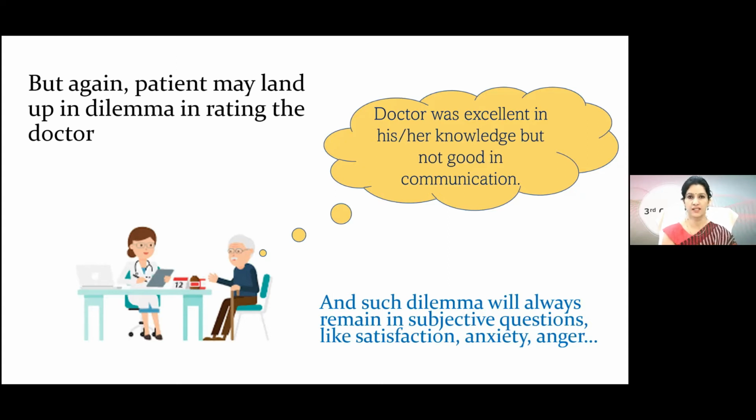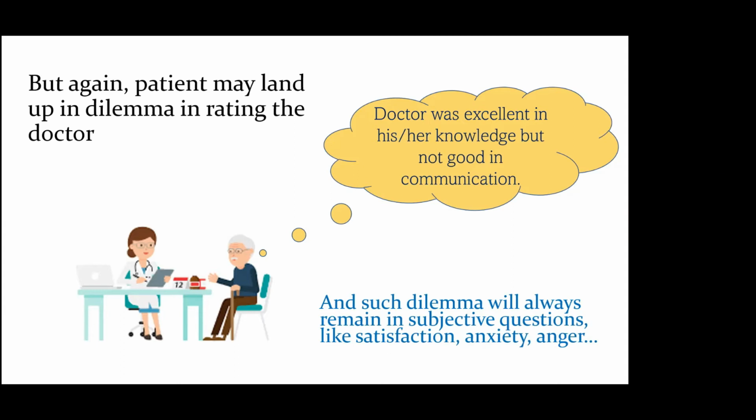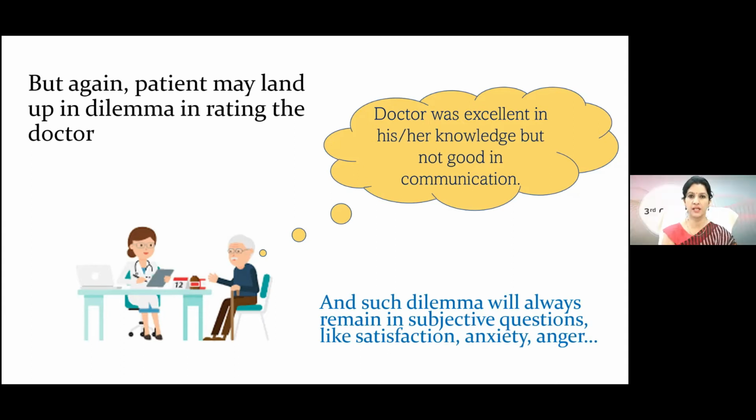So both have advantages and disadvantages. With such subjective or abstract concepts, there will always be a dilemma, a sense of lack of certainty, and you are not sure exactly what the patient is thinking, or whether the response you are getting is accurately measuring that particular satisfaction level, anxiety level, or anger level.